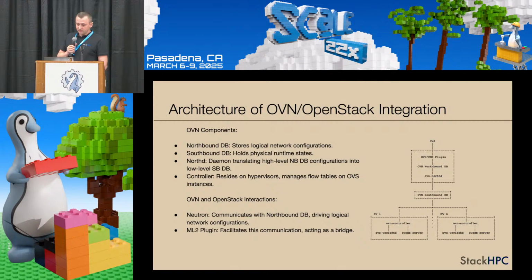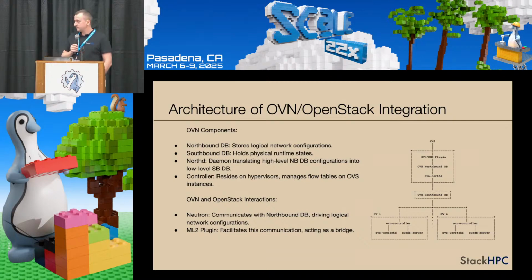Then we have the OVN controller, which communicates with the southbound databases or relays and translates flows from the southbound database to actual OpenFlow flows to configure the OVS instances running on each hypervisor.